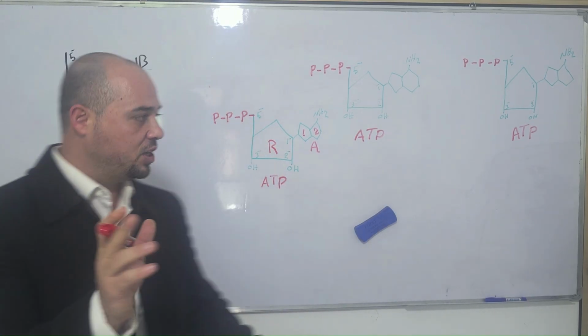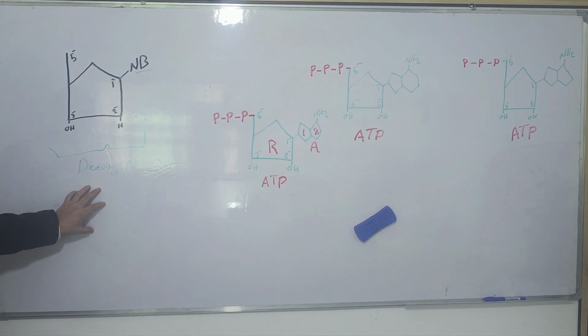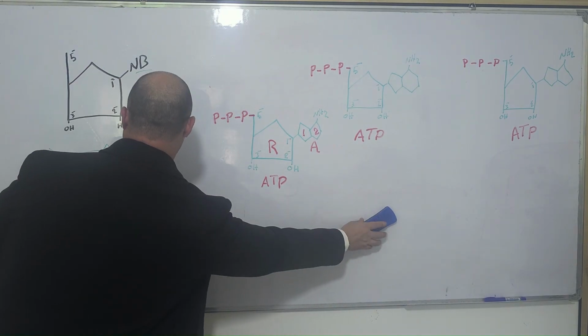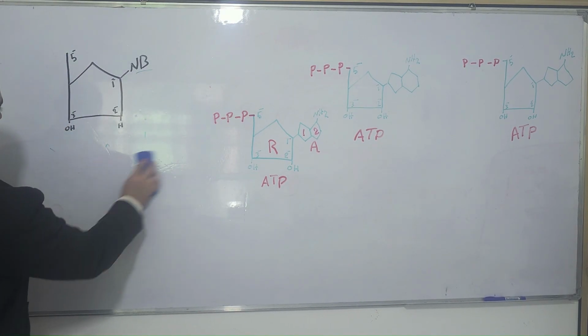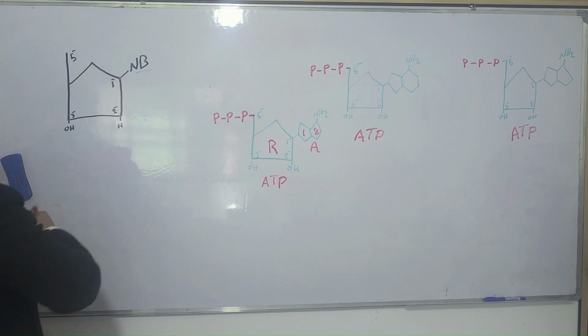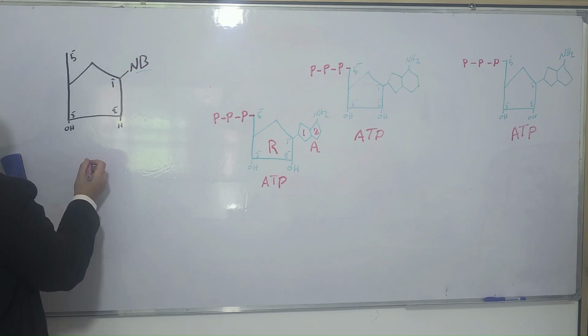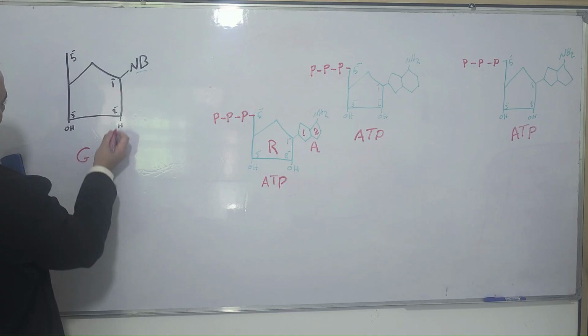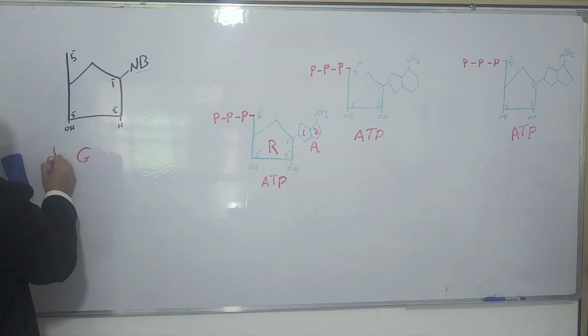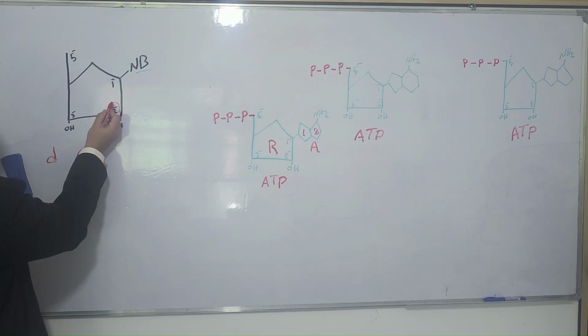Now, this over here is a deoxynucleoside. And so it could be really anything according to what the nitrogen base is. So let's suppose that this is going to be guanosine, right? That this is a guanine, and therefore, of course, it's deoxy, because look at the 2' end, right?